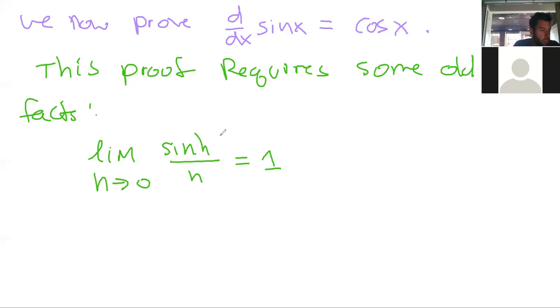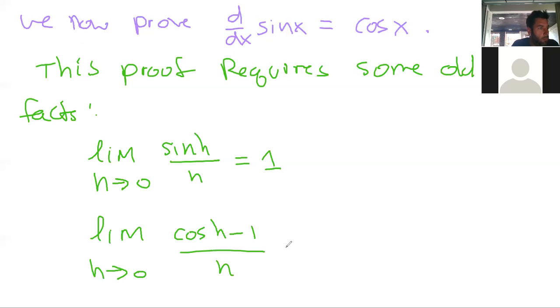Okay, and then I believe I put a very similar limit on your homework. We didn't do that one in class, but I asked you to do it on homework, and you can deduce it from the previous one.